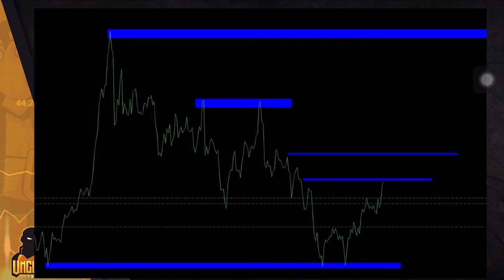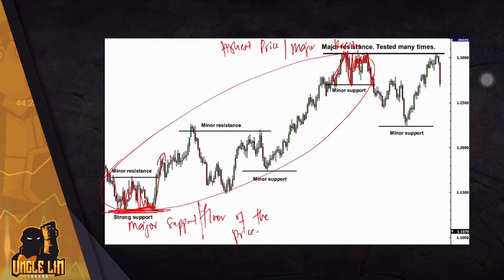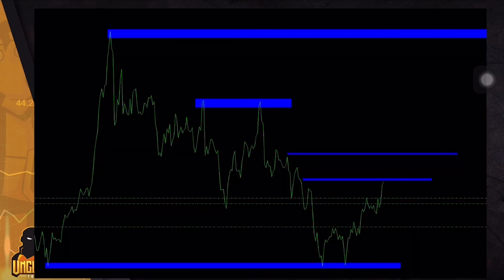So that will be the major. Okay, and also another effect will be time frame. So in daily time frame, weekly and also monthly time frame, all of this will contribute into major support and resistance.